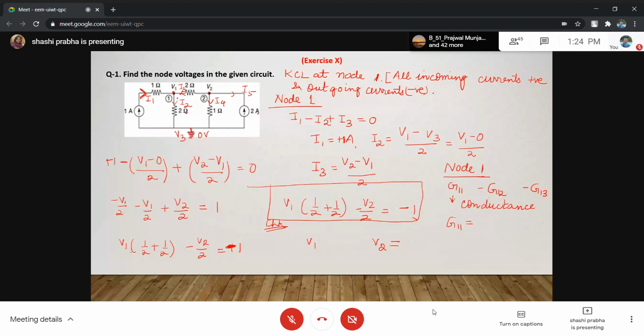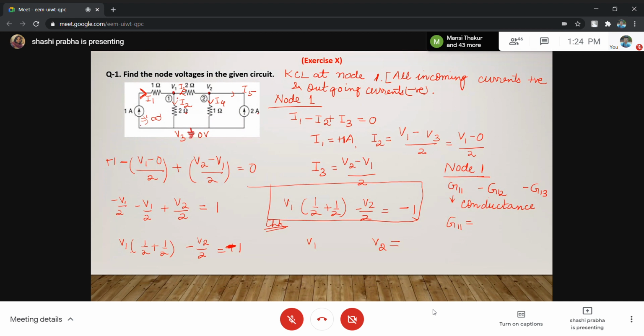One thing you will remember, this is a current source of 1 ampere. As soon as you see that there is a current source connected in series with a resistance, what is the internal resistance of the current source? Isn't it infinity? I taught you. The internal resistance of the current source is infinity.